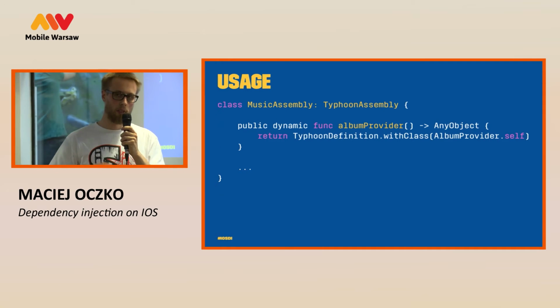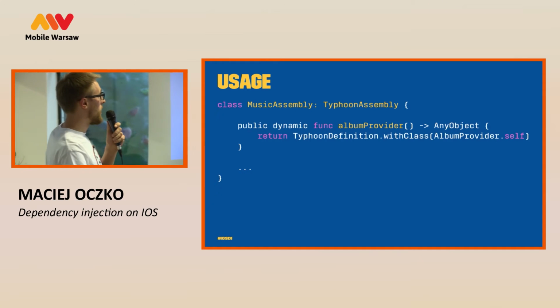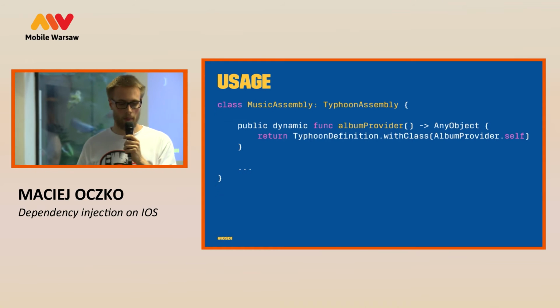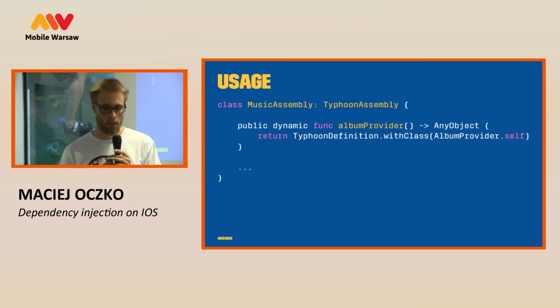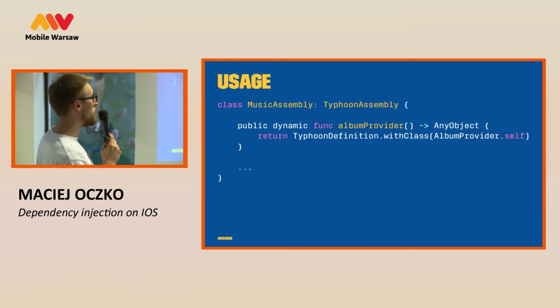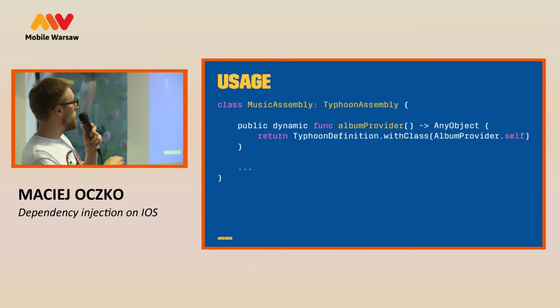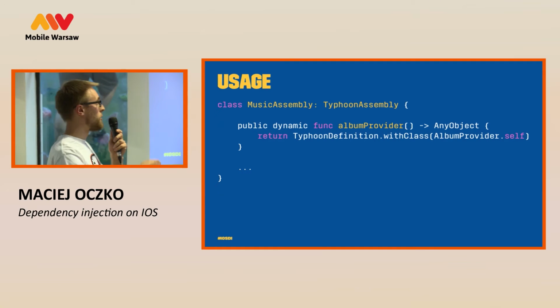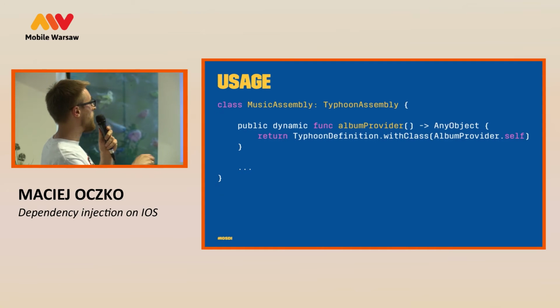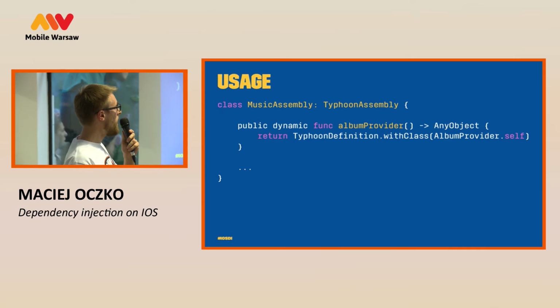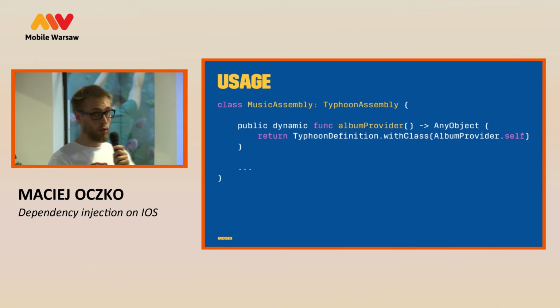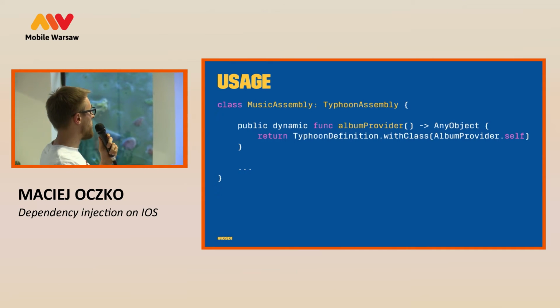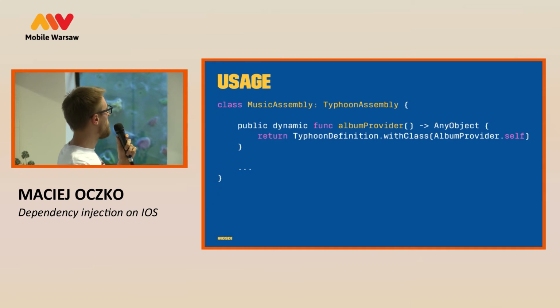Typhoon is basically pretty complex, so even this part of the code will require some explanation. So let's quickly dive into it. To configure your container, you have to subclass an assembly, just like here, MusicAssembly. What you see here is code in Swift 1.2.